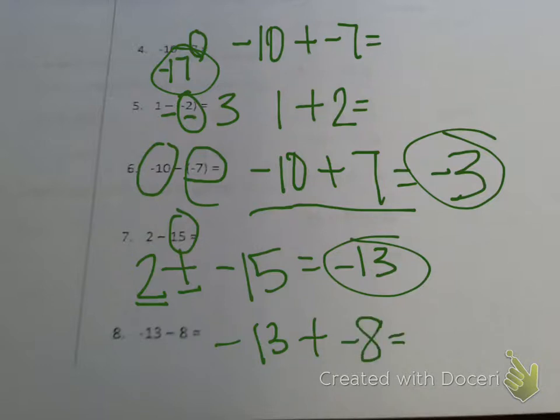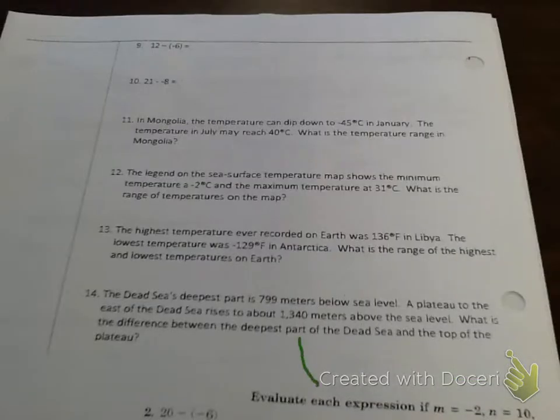Negative 13 plus negative 8 gives us negative 21. So essentially, all I'm asking you to do is to remember the addition rules and then change all of your subtraction problems to addition. I'm not asking you to remember any new rules for subtraction.